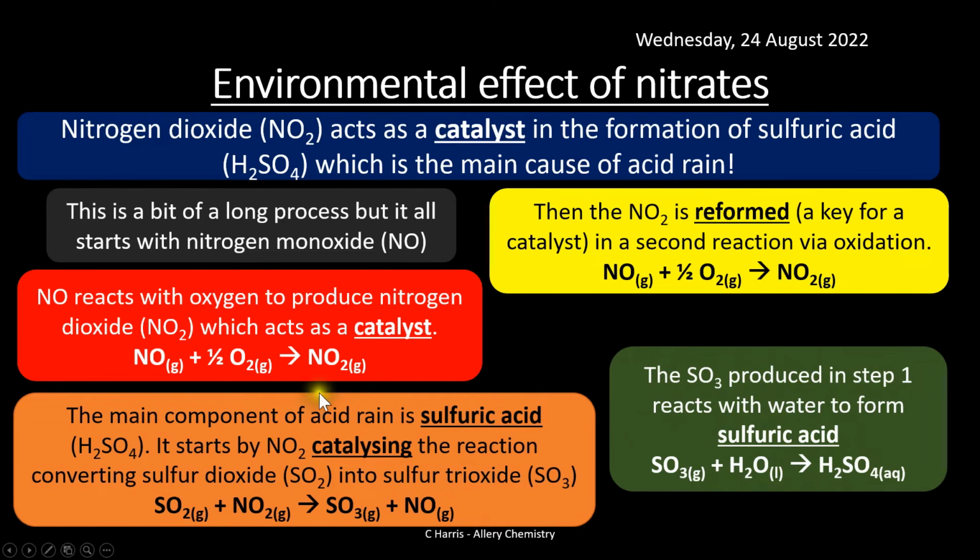So the issue here is that once the NO is in the atmosphere, it kind of catalyzes itself. Unless we start to reduce the amounts of this going into the atmosphere, then it poses a problem longer term.